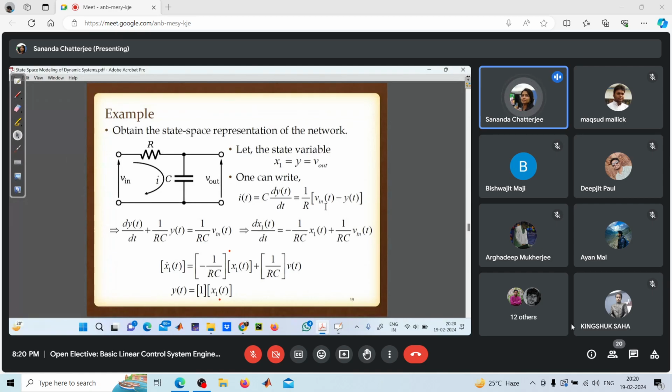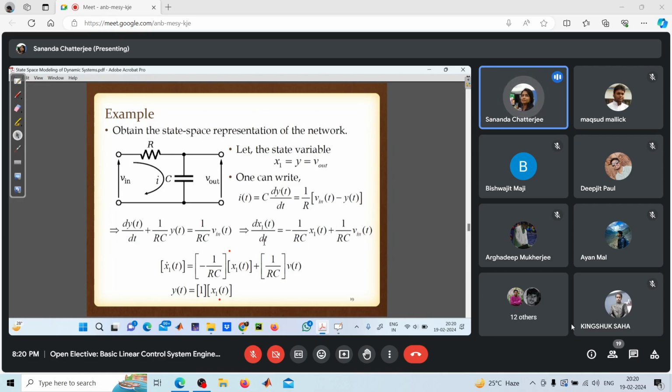So this is rewritten, and then we get that dx1 by dt is equal to minus 1 by RC x1(t) plus 1 by RC V in.